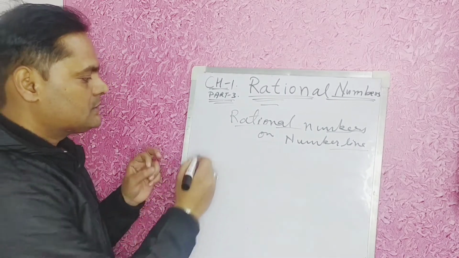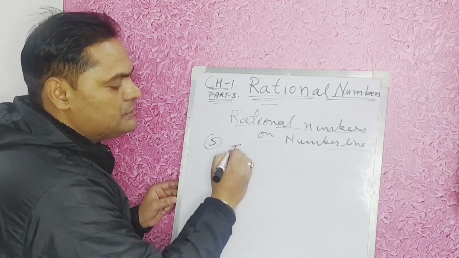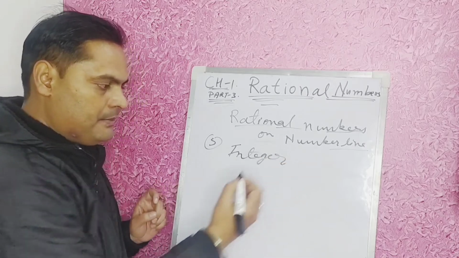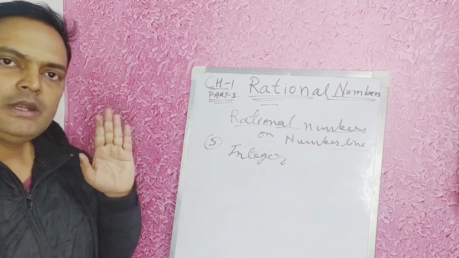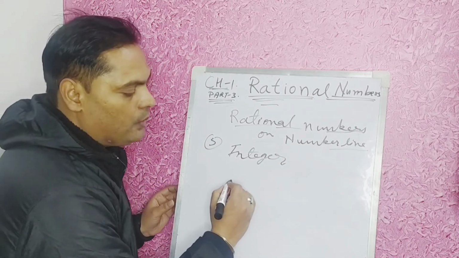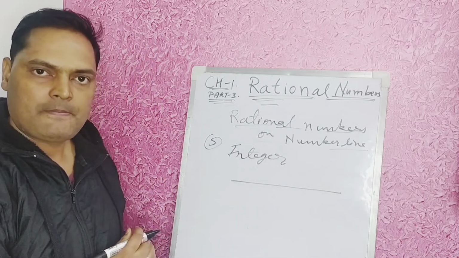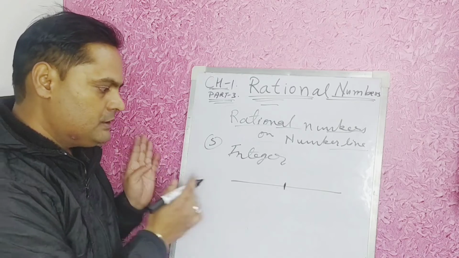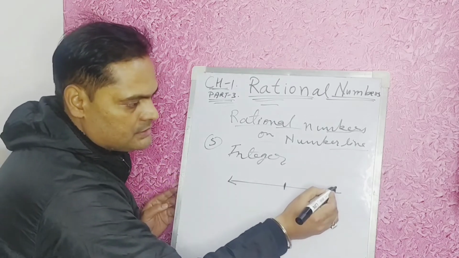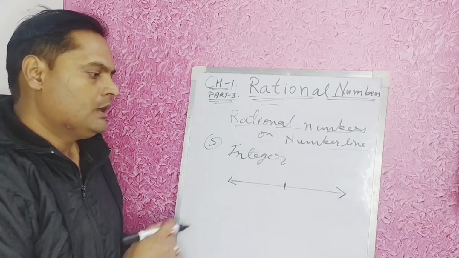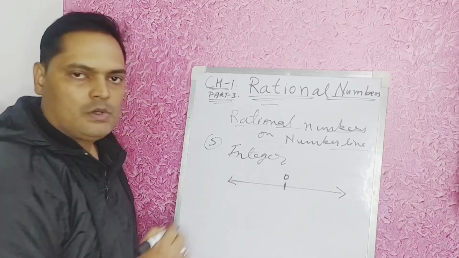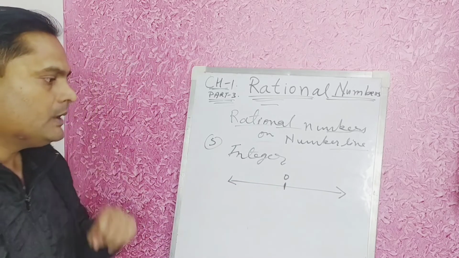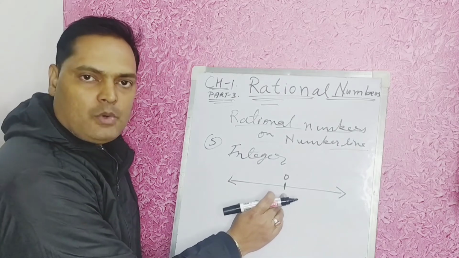Okay, similarly we can present the next point, that is the third one, integers. If I represent the integers on the number line, how will I represent them? First of all, it moves to infinity on both sides. Okay, and it starts from 0, isn't it? No, it's not starting from 0. This is the midpoint.